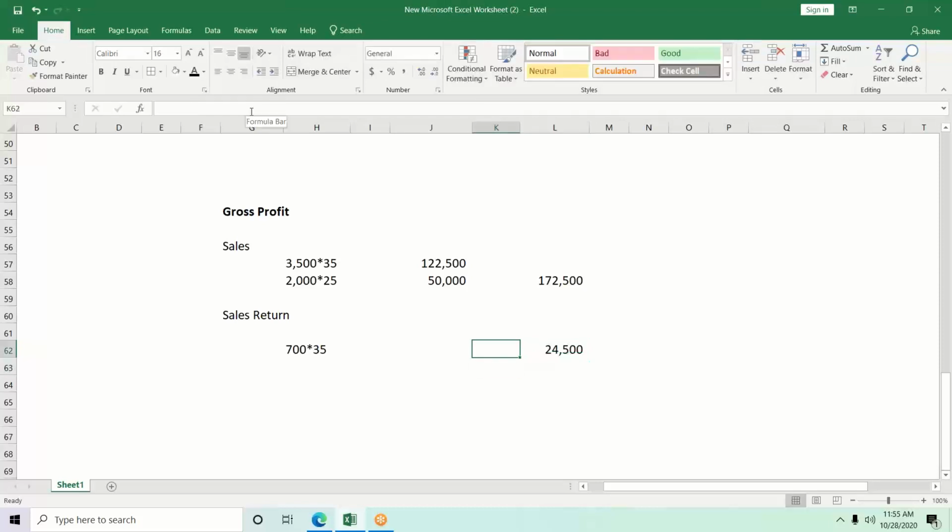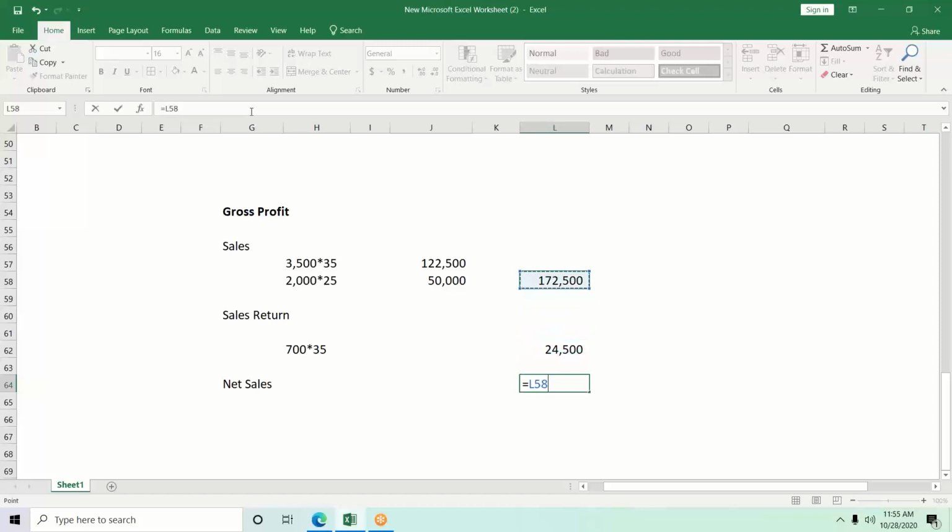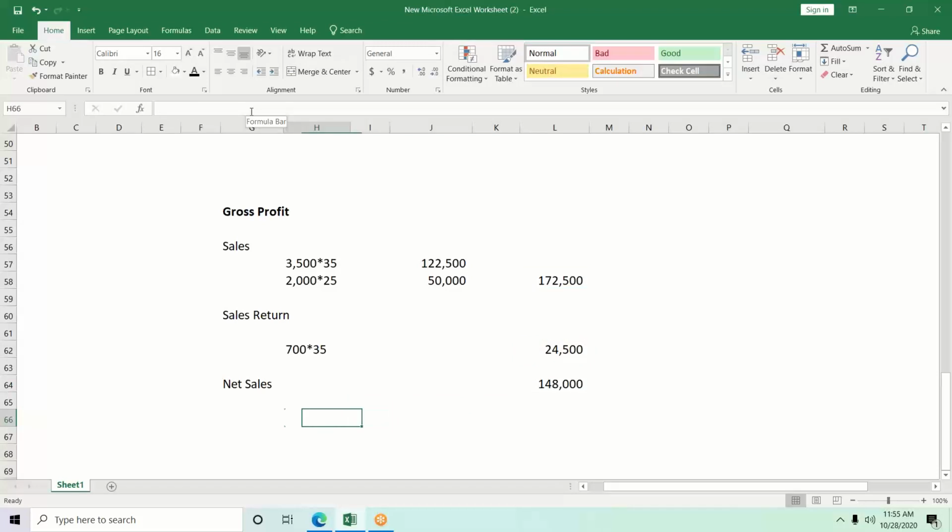Right. And a sales return must be subtracted. And how much is the net sales, Putha? 172,500 you sold. From that, there was a sales return of 24,500, and the net sales is 148,000.